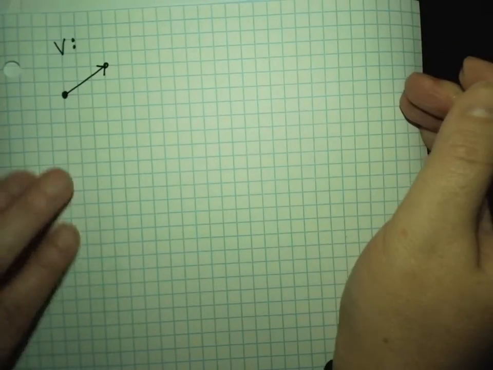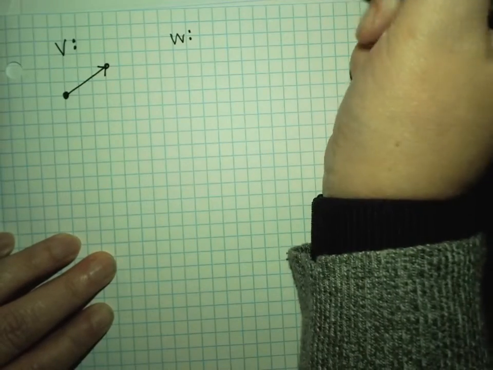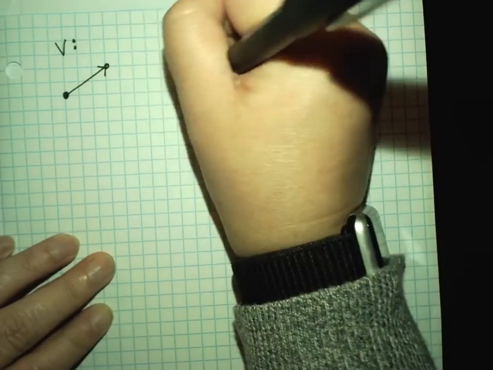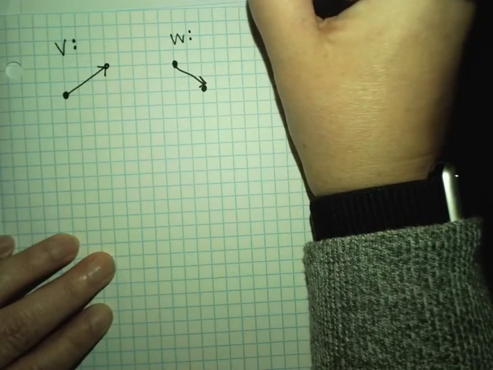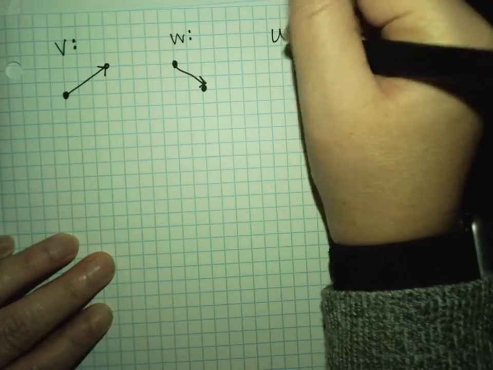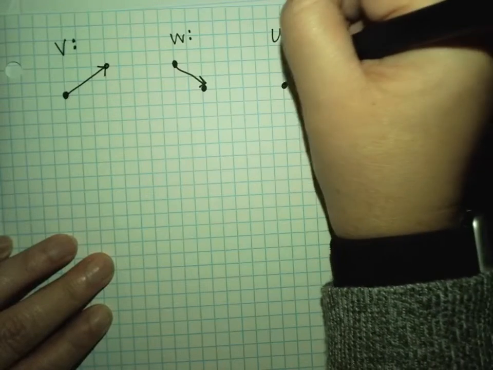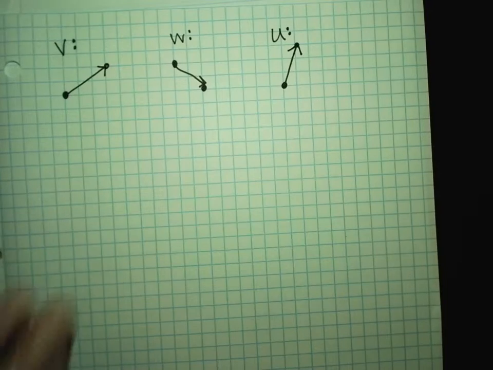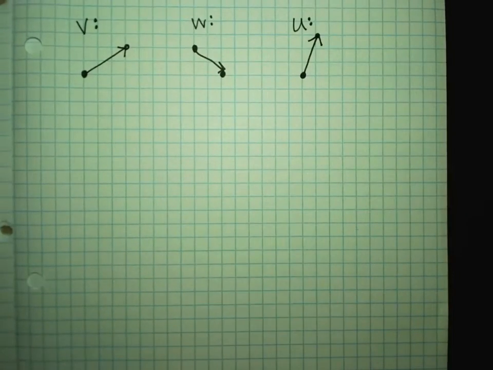There's vector V. I have vector W, where I'm going down 2 units and right 2 units. And I have vector U, that's going up 3 units and right 1 unit. Okay, so we're going to graph some vector additions here.